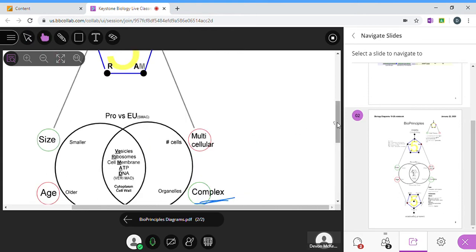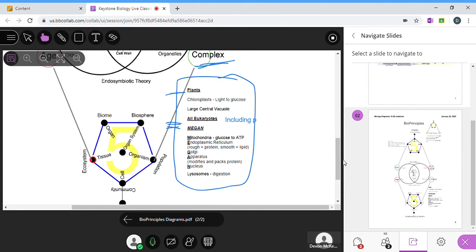Nope. This is supposed to say including plants. But I can't get back to it to finish typing the word plants. So you see the letter P there.